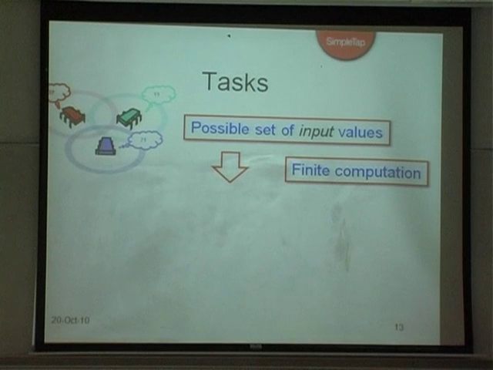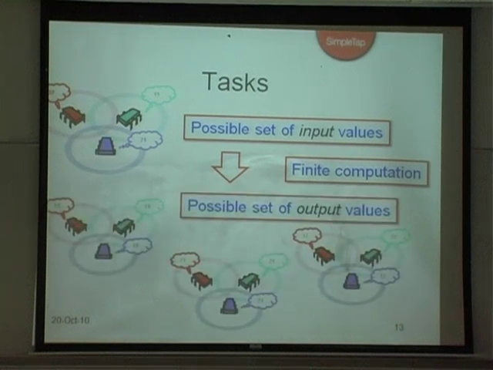After a guaranteed finite number of steps, everybody has to choose an output from a set of acceptable outputs. So we just have a collection of possible inputs, we have a finite computation in the middle, and we have a collection of possible outputs at the end.